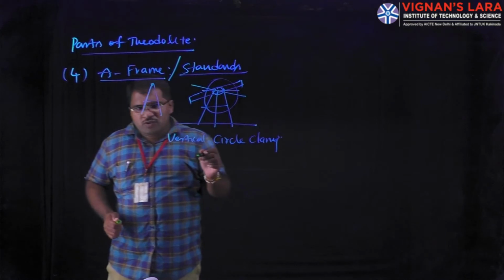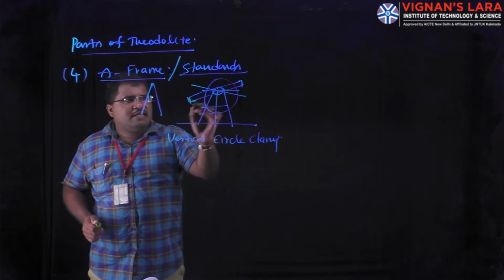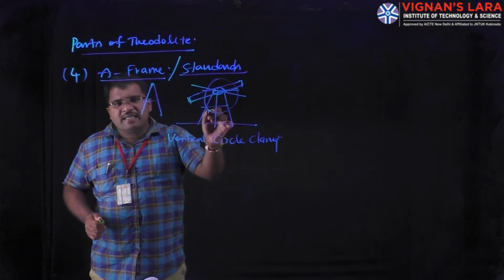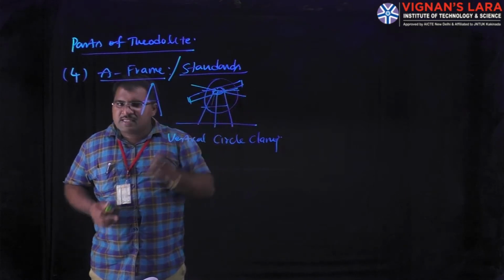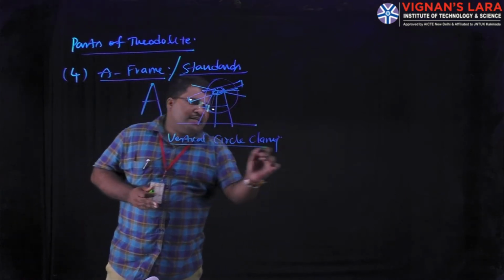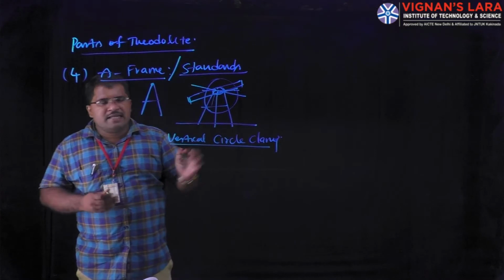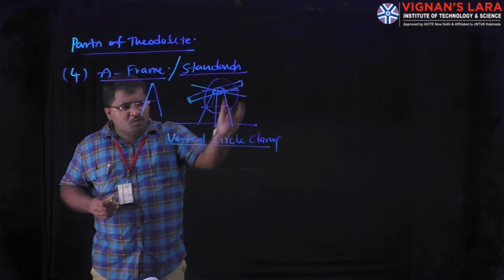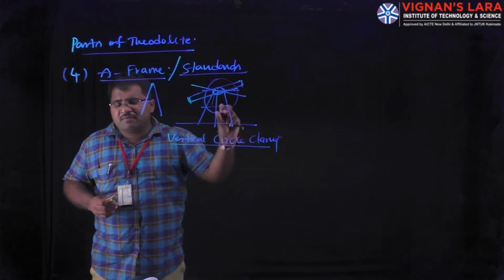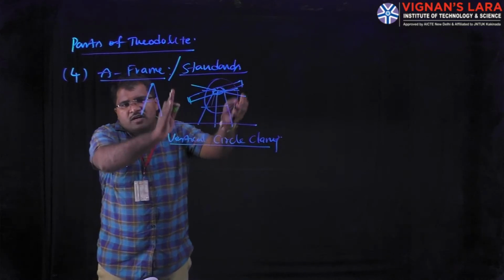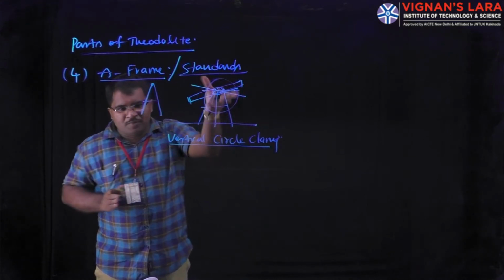To the trunnion axis, the telescope, vertical circle, and T frame are all attached, and we also have the vertical circle clamp. With the help of this clamp we adjust the vertical movement of the telescope.